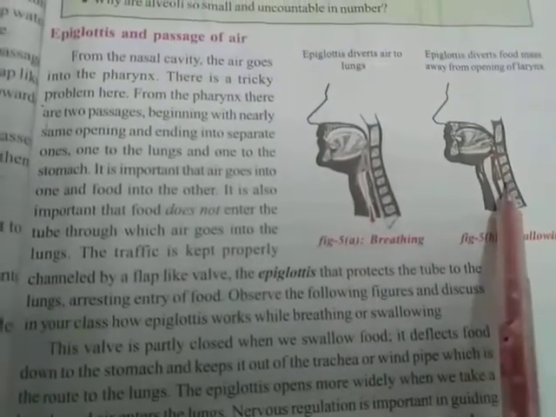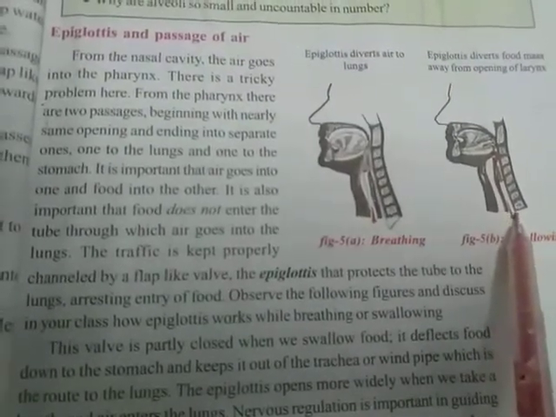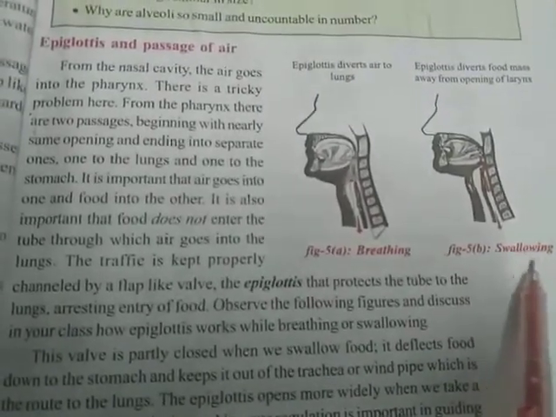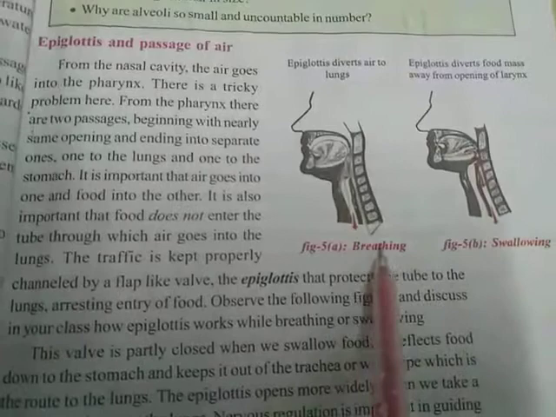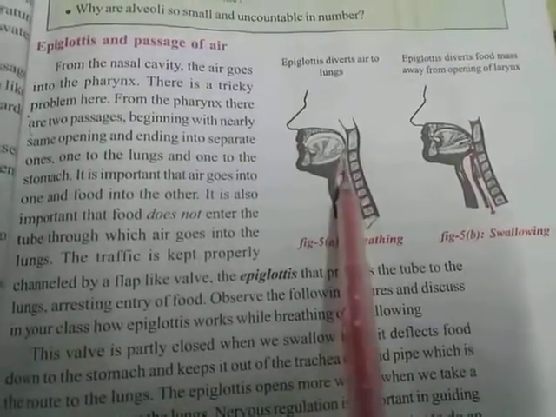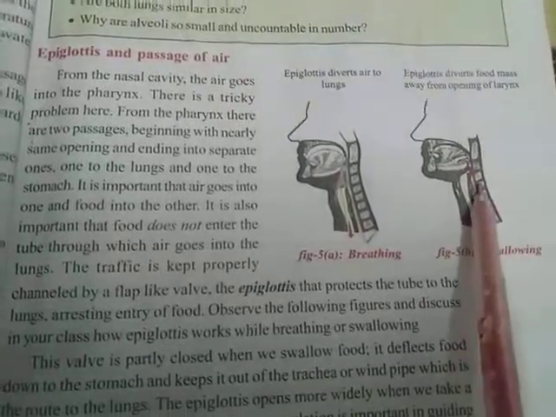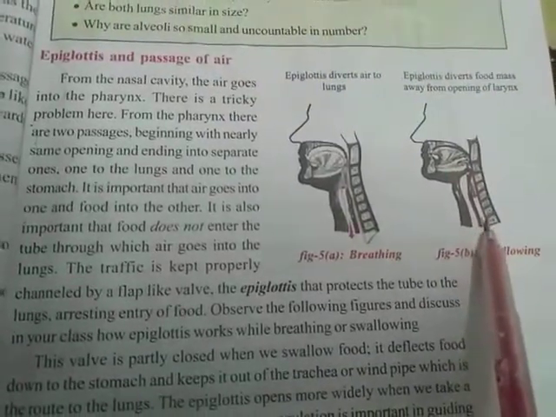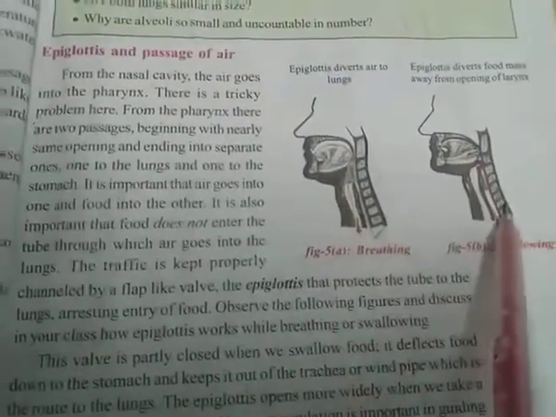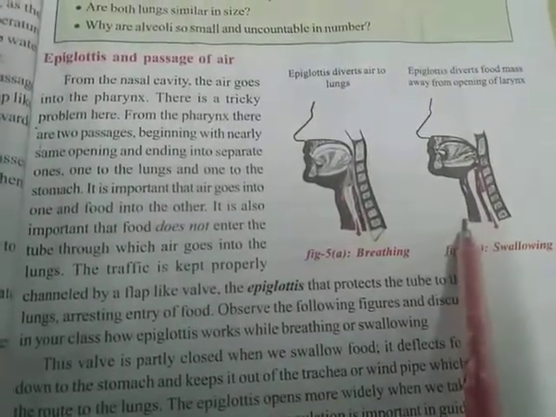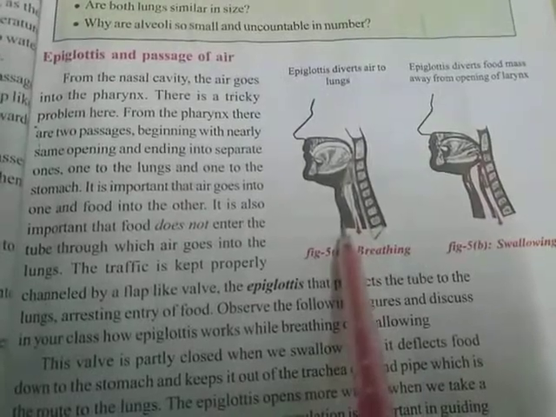If arrow marks are in the back side tube-like structure, that we call swallowing. Okay, that process we call swallowing. In breathing, arrow marks are in the front side tube. In swallowing, arrow marks are in the back side tube. Okay, so here the back side tube is esophagus and the front side tube is what it is, trachea.